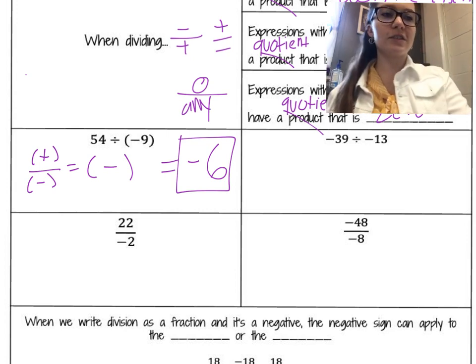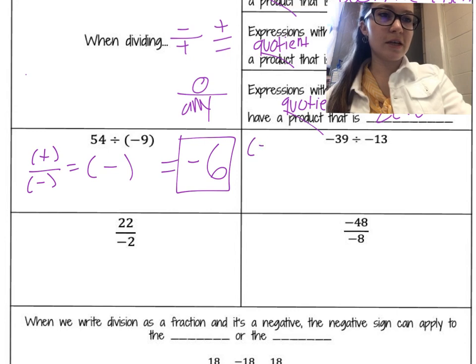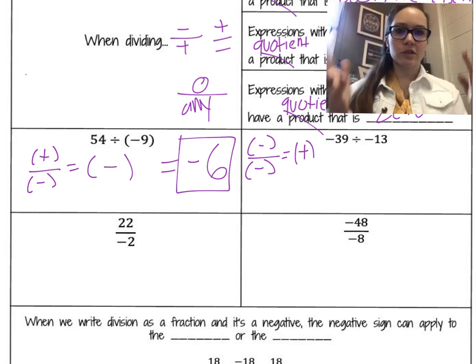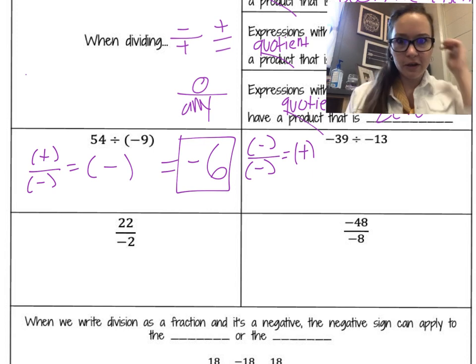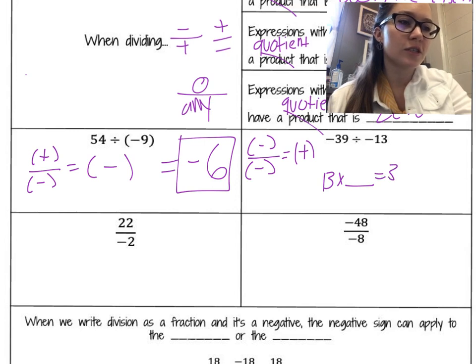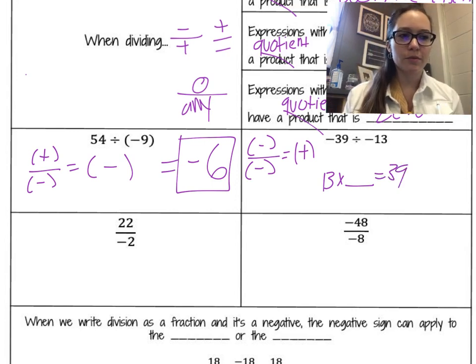Negative 39 divided by negative 13. Here's a negative divided by a negative, which is going to give me a positive. So my answer is going to be positive. So now I just have to figure out 39 divided by 13. Well, I'm going to say 13 times what is 39? That helps my brain.